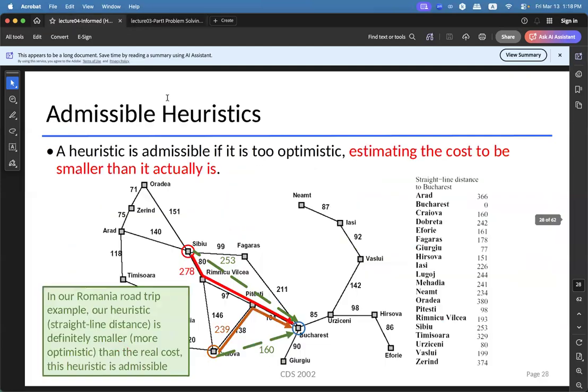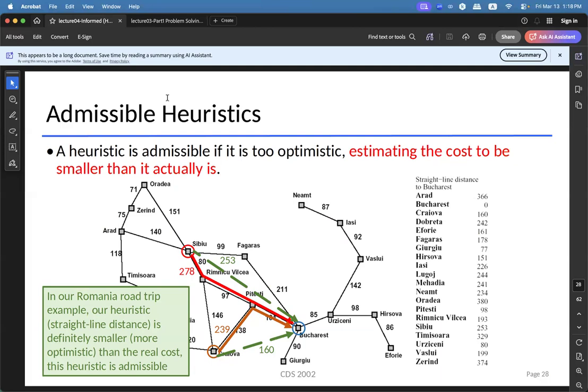One thing that you must remember is that A-star search is only optimal when the heuristic is admissible.